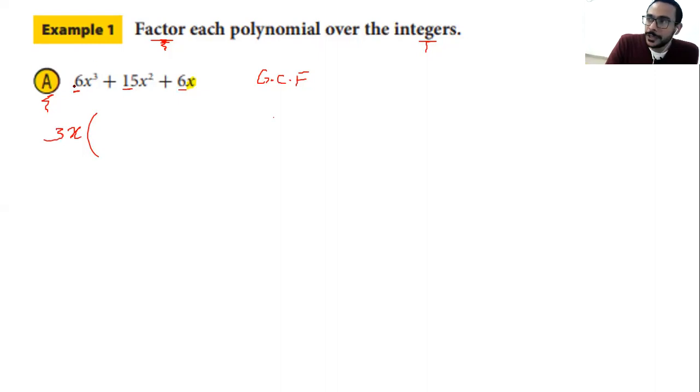Then divide each term by this common factor: 6x cubed divided by 3x. First, 6 divided by 3 is 2, and x cubed divided by x is x squared. Now 15x squared divided by 3x gives 5x, plus 6x divided by 3x gives 2, since x divided by x is 1.